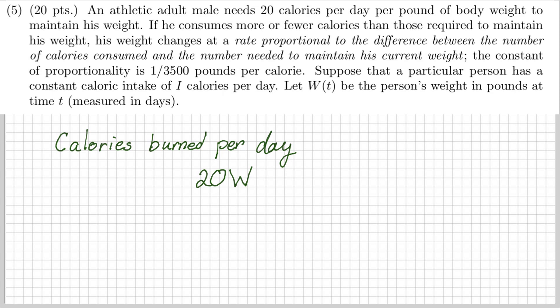And now we're talking about a person who eats a constant number of calories. They don't tell us what that constant number is. They just call it I. But you can think of I like pi. It's some number, we don't really know it, but it's constant. It is a number. It's just in the ether somewhere. So it's different than a variable.